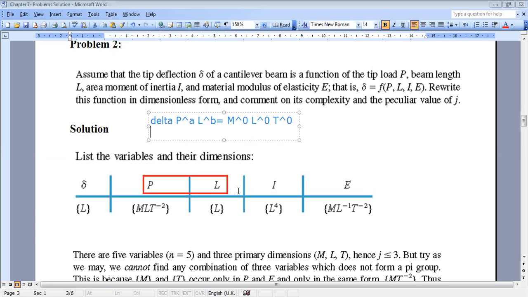So I replace delta by its dimension, L. I replace P by M to the power A, L to the power A, and T to the power minus 2A, times L to the power B, equals M0, L0, T0.